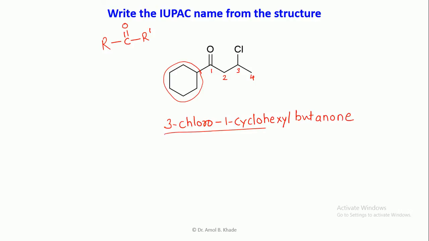Okay, you need not specify the position at which the cyclohexyl ring is attached, because it is understood in such case the numbering will begin at the carbonyl group. So it will be written as 3-chloro-1-cyclohexyl butanone. Some students may write cyclohexyl, then dash and write 1-butanone. So that is also correct, but more appropriate will be this one. Alright.